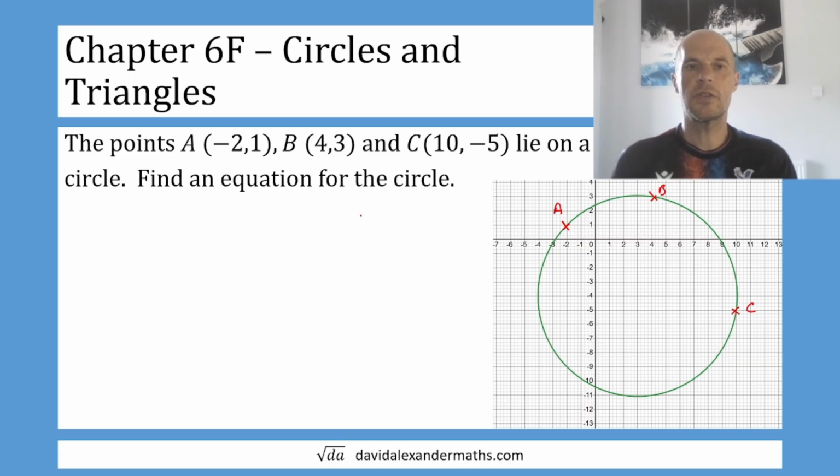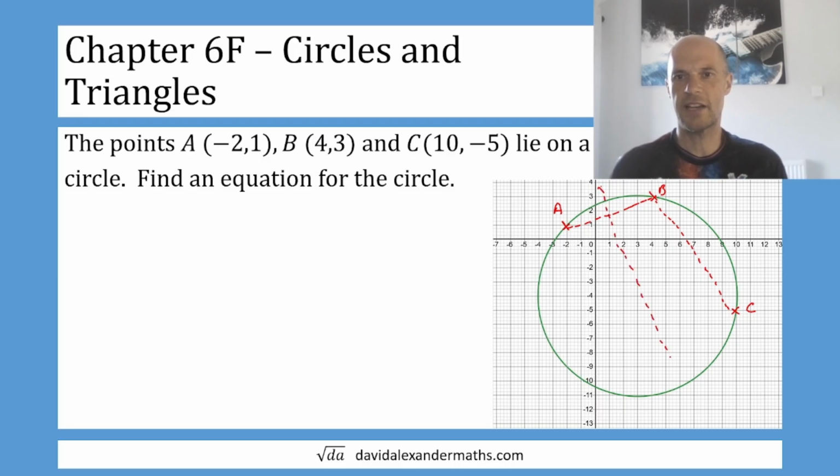Now, to work out the equation of a circle, we need two things. We need to know the centre, and we need to know the radius. Now we don't have either of these, but we can work out the centre of the circle. This is the new knowledge. If I draw the line A to B and B to C, now the perpendicular bisectors of these lines, if I just draw these in, this is not going to be particularly accurate.